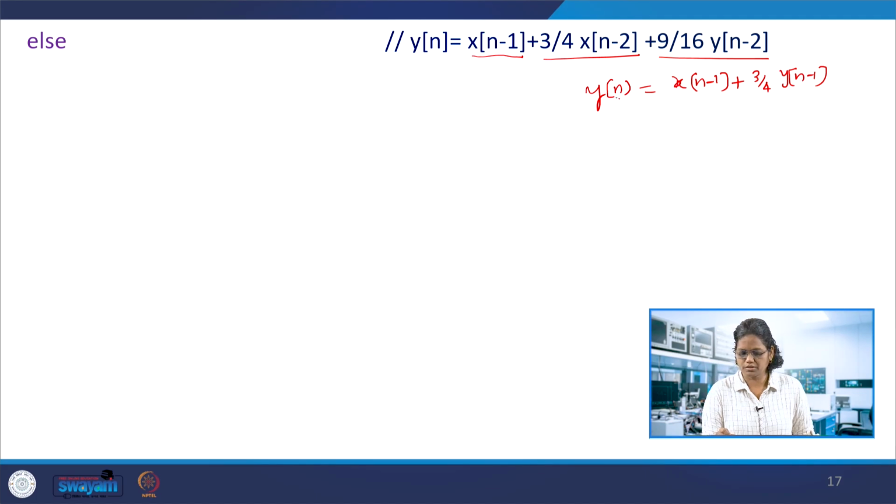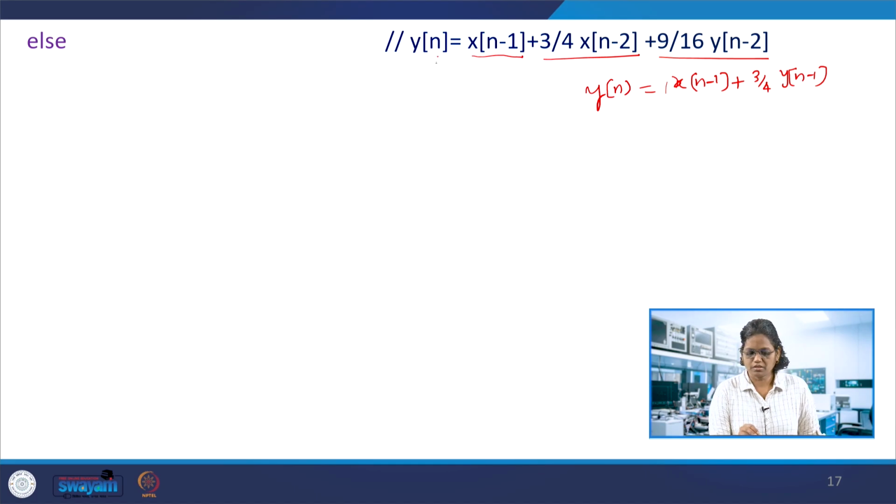So you can have this y of n in the second order case. So you can substitute this integrator at the point, and then get the second order equation also. So we can use this y of n in the second order equation, y of n minus 2, and then we can have the second order equation as well.